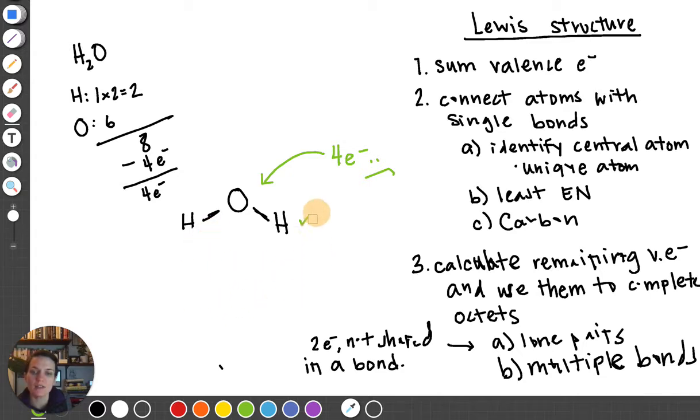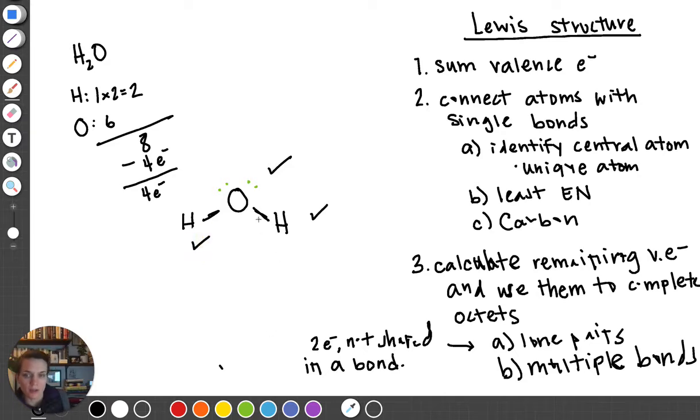So I'm going to first see if I can satisfy my octet by using lone pairs. So I would draw them, right? You're kind of doing a little guess and check here. So I have 4 electrons left. I can use that as 2 lone pairs, and now my oxygen has 1, 2, 3, 4, 5, 6, 7, 8. So now oxygen has 8, hydrogen has 2.